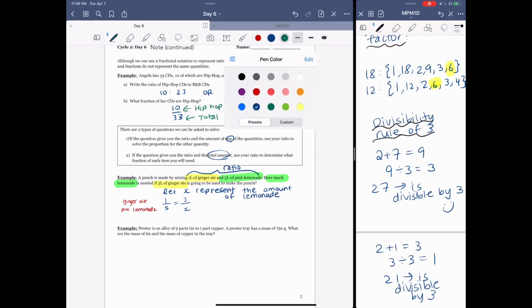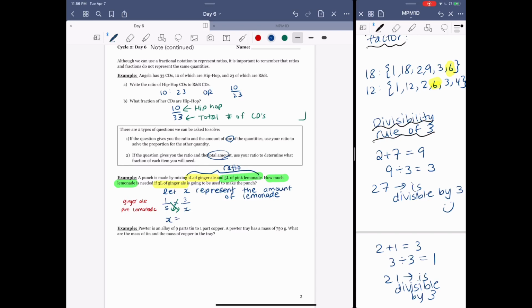So one way I can do this is to cross multiply to try to get that x to the numerator. I don't want to have fractions, I want to have whole numbers, so I'm going to do cross multiplication, get the x to the top so I can solve for x. So 1 times x is x, 5 times 3 is 15, and I'll just put a box around that.